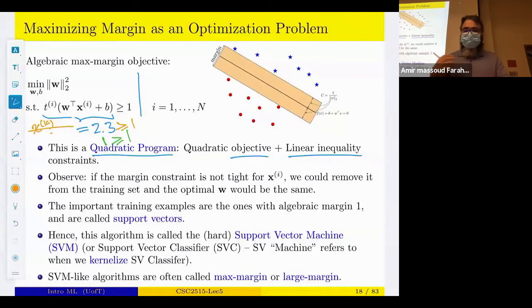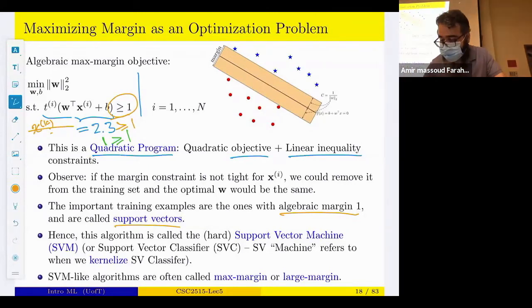So those points that are important, in the sense that their algebraic margin becomes 1, so they are tight for this inequality, are called support vectors. They are vectors supporting that hyperplane, and they are points that are essentially on the margin.